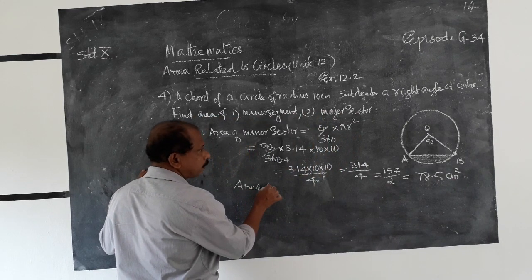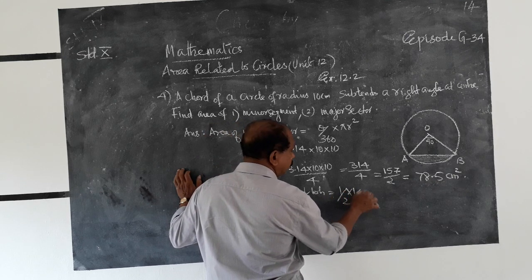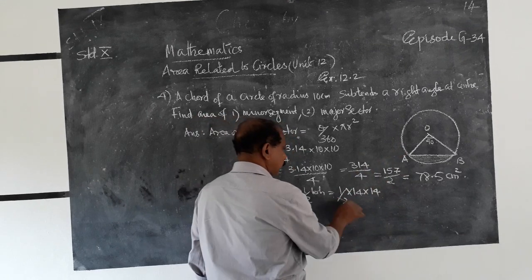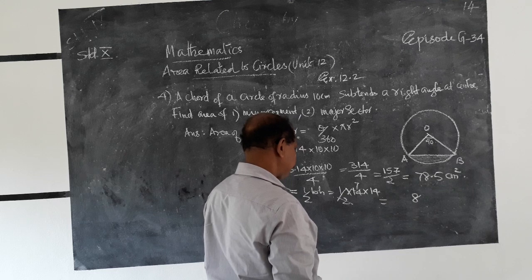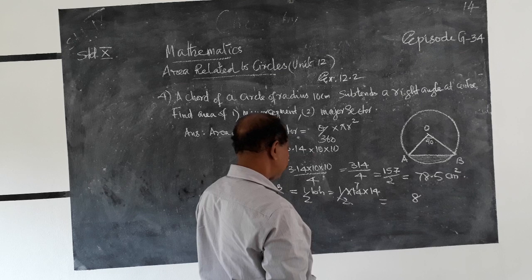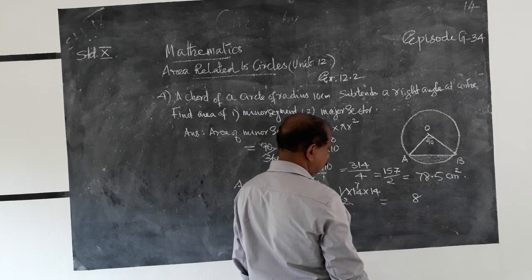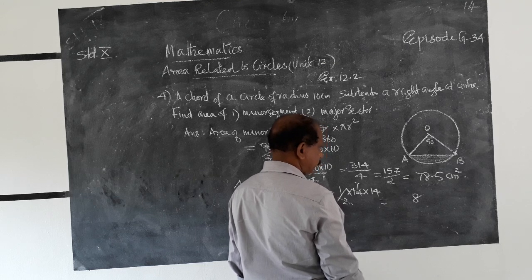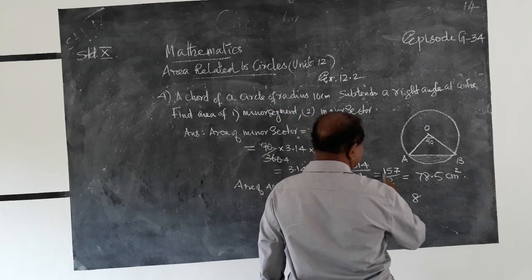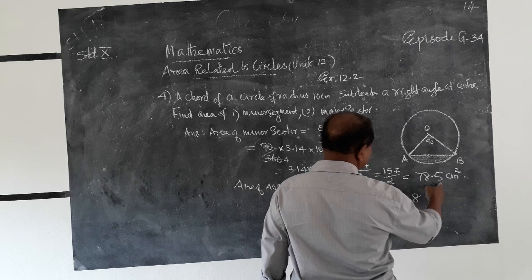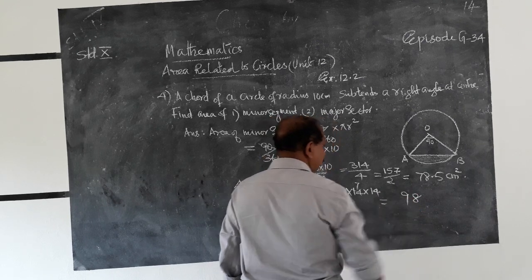Area of AOB, that is triangle AOB, is equal to half bs, is equal to half into base 40 and altitude 40, because it is a right angle triangle. That is equal to centimeters.